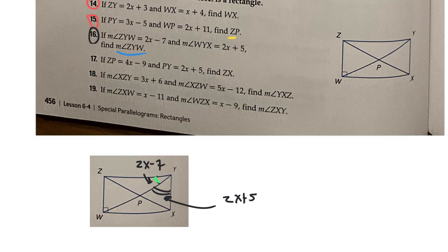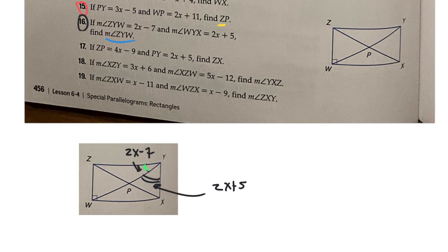Well, it would be nice if we knew what x was, right? If we knew what x was, we would just plug x into this, and then we would find out what ZYW is, right? So hopefully my student watching understands that this little green angle plus this double rainbow angle, well, that has to be 90 degrees, right? Because it's 90 degrees at the corner. So I think we understand it would be 2x minus 7 plus 2x plus 5, and that would equal 90 degrees. And you would just use algebra to solve that. Whenever you get x, you would plug it into this because we are indeed trying to find the green one here. Okay.